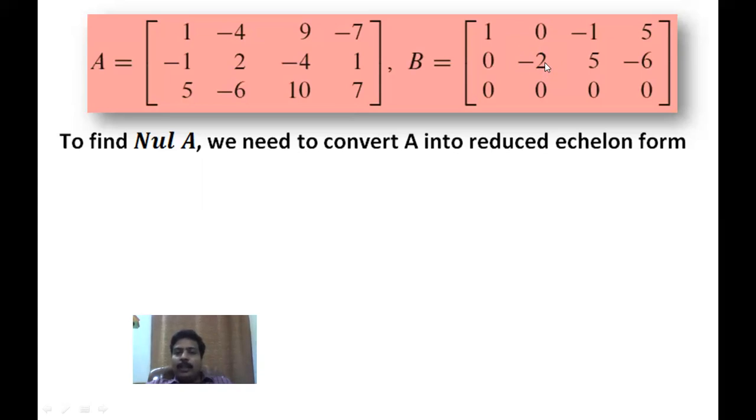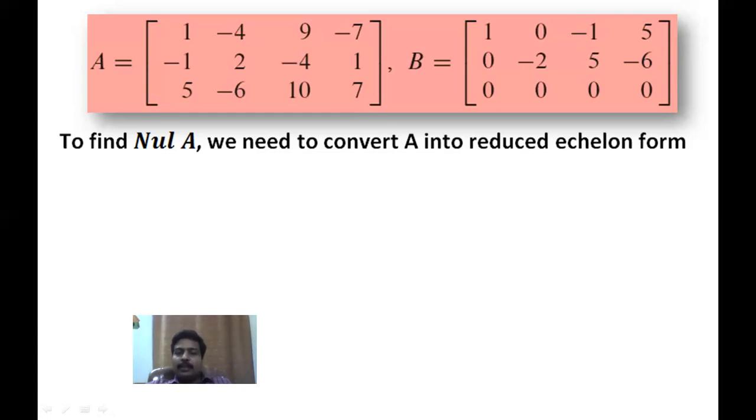And we need to make the elements above this leading entry zeros, but here it is already 0. So we need not do anything in this case also. There are no other pivot columns, so we have nothing to do with these entries while reducing the echelon form to reduced echelon.